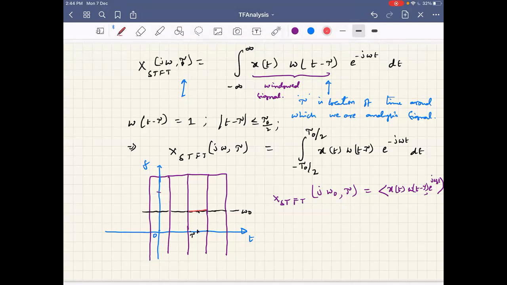Now, assume that I have a speech signal of say 16,000 samples. I want to analyze the frequency content of this speech signal.